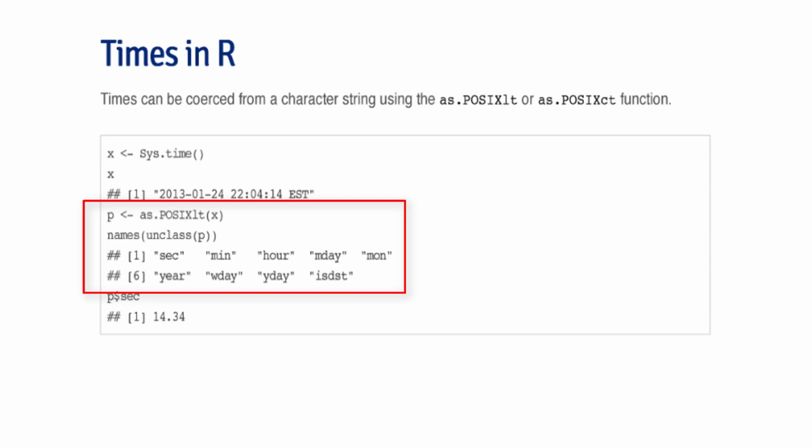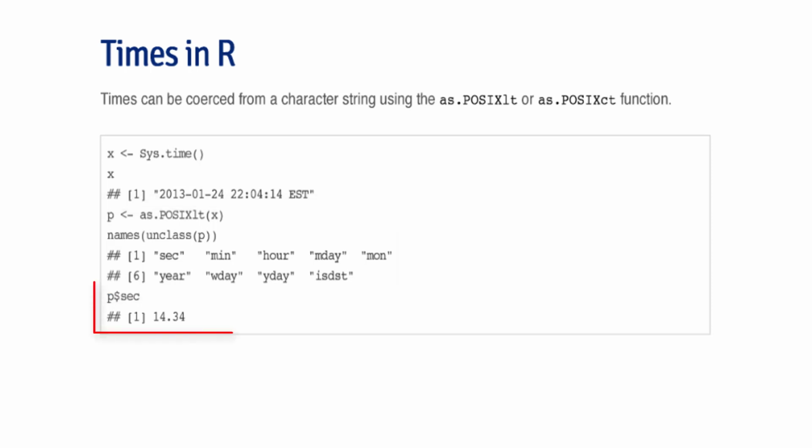It's the daylight saving time flag, positive if in force, 0 if not, negative if unknown. If I extract the seconds element of this list, you will see it's 14.34, so this actually gives you the seconds in fractional seconds.